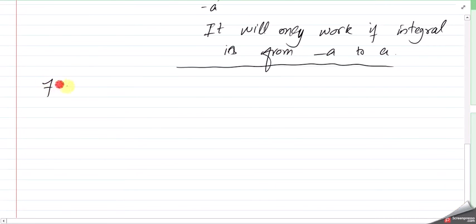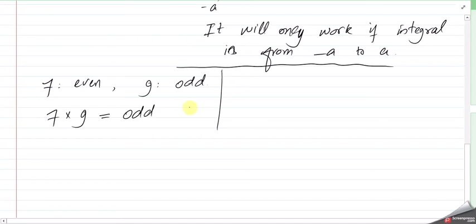One more thing. Let's say f is even and g is a function which is odd. If f and g are multiplied, then even multiplied by odd will give odd. And if f multiplied by f, even multiplied by even, that will give even.